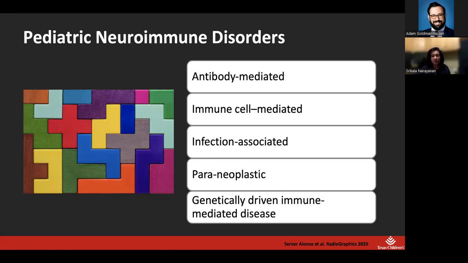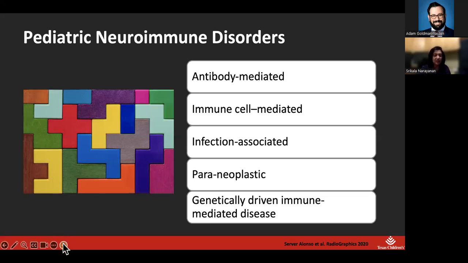These are a heterogeneous group of disorders, and they can have pretty diverse clinical presentation, very complex pathophysiology and underlying autoimmune mechanism. They can be antibody-mediated, immune cell-mediated, associated with infection, neoplasm, or underlying genetically driven mechanisms to create immune-mediated disease. It's a really large group of disorders, but at its core, it basically manifests with an inflammatory reaction in the central nervous system.